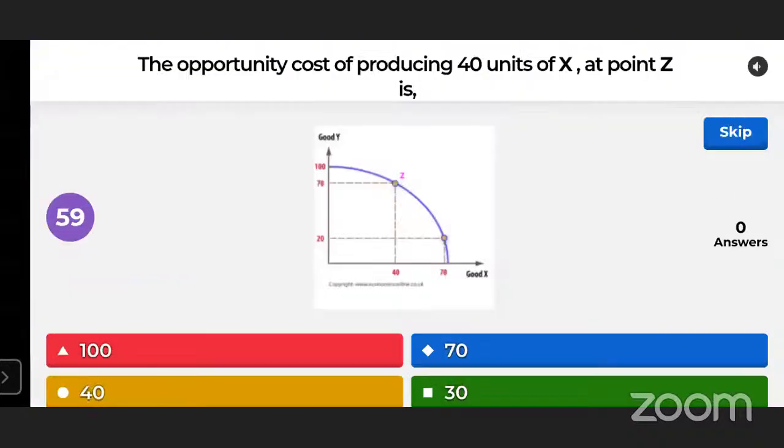This is the calculation. I have given 1 minute. Take your time, 1 minute. Some students have answered, right?